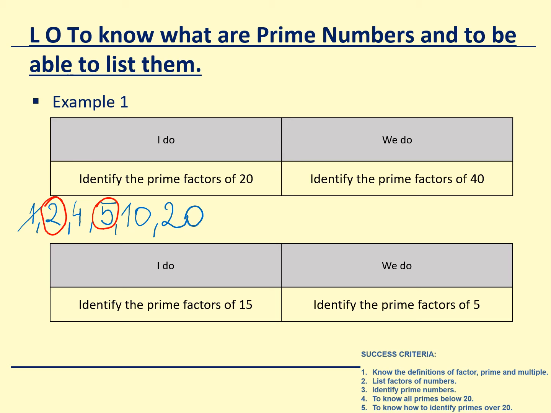And 20 is not a prime because 4 times 5, for example, is 20, so it has more than 2 factors. So the prime factors of 20 are 2 and 5.